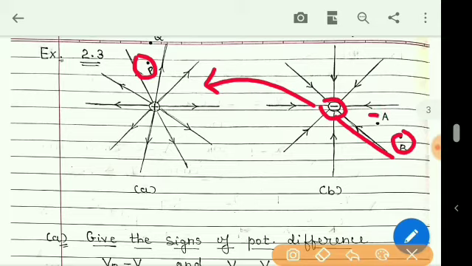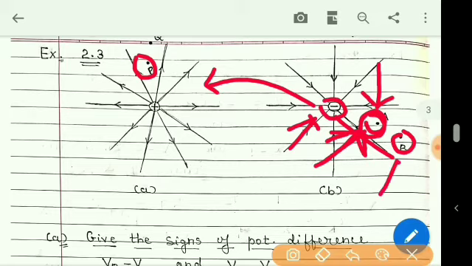And this point has a smaller potential. Remember, the magnitude of potential at this point will be large, but as this charge is negative, this potential will be negative. So the more negative, the value will be less. So here more negative potential and here less negative potential.